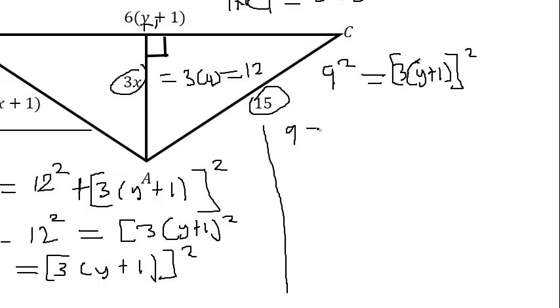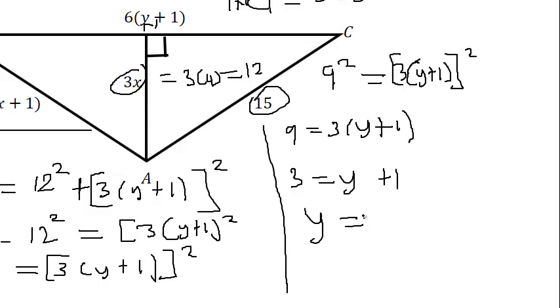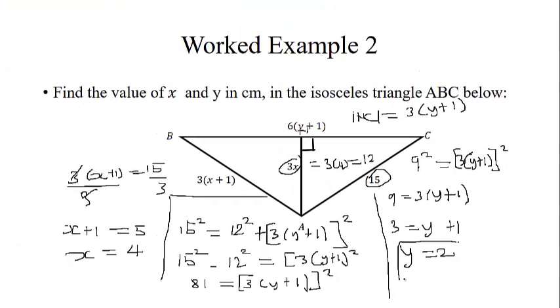So you must have 9 equal to 3 into bracket y plus 1. So divide through by 3, we get 3 is equal to y plus 1. So you must have y equal to 2. Hence the value of y is equal to 2 and x is equal to 4.